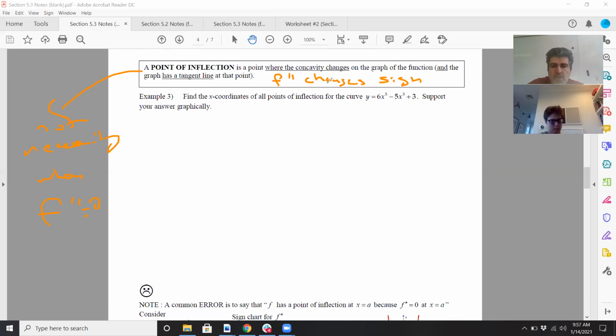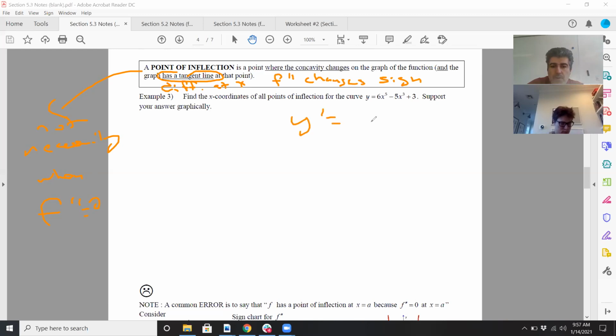It's really when f double prime changes sign, and has a tangent at that point, meaning we're differentiable at that x value. So let's find the points of inflection here.